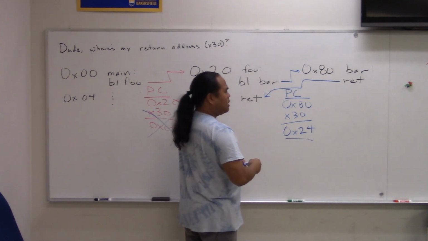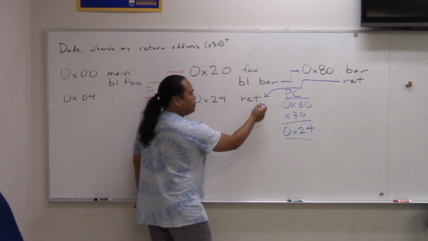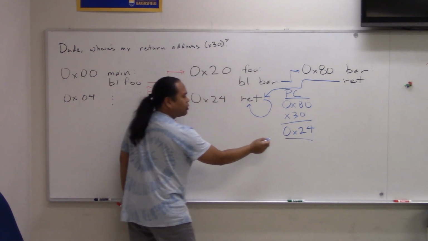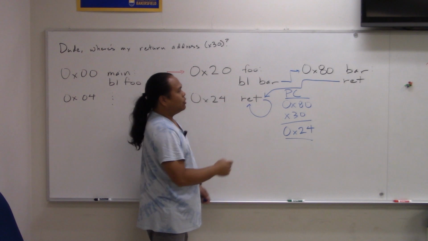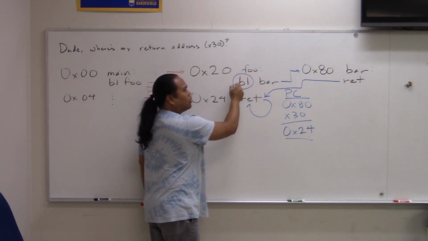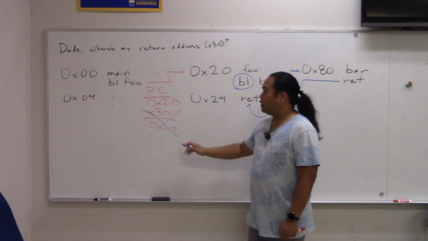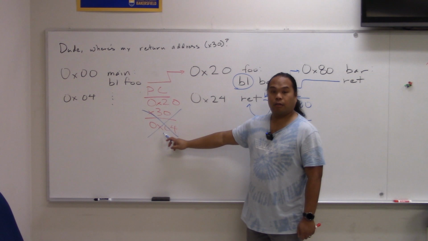Okay, so basically if I hit this return, it must set the PC to the contents of X30, which are address 24. So essentially what happened was this second branch and link ended up destroying the point where we would return into main, all right?